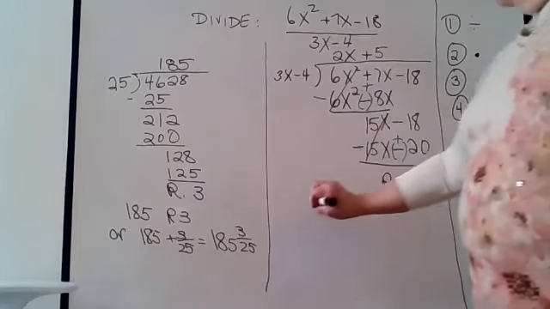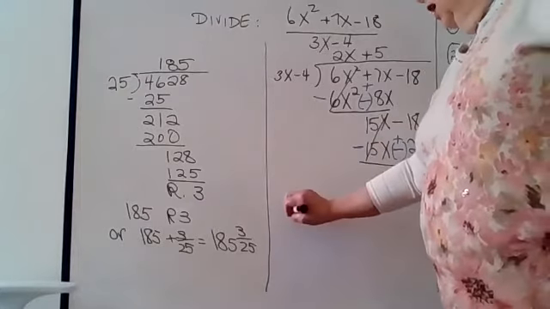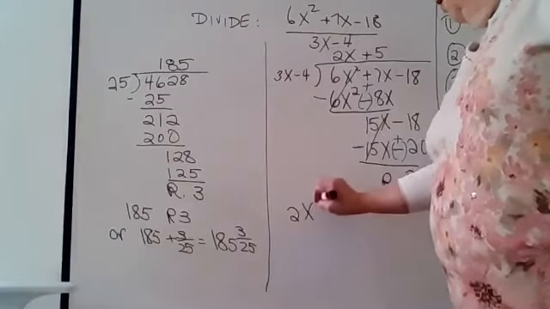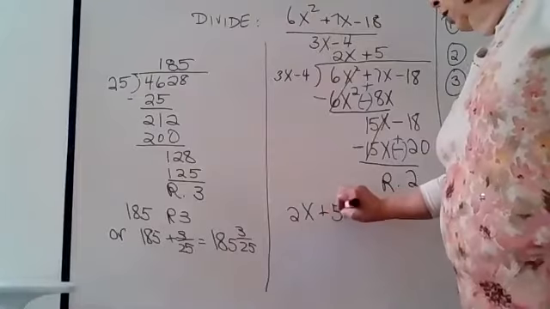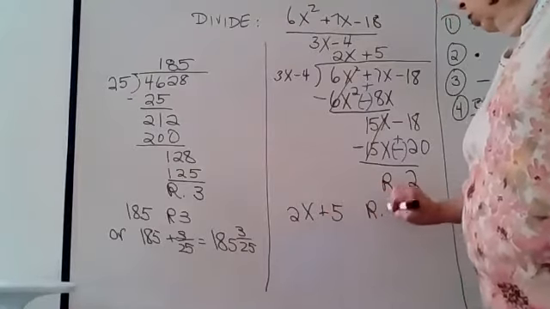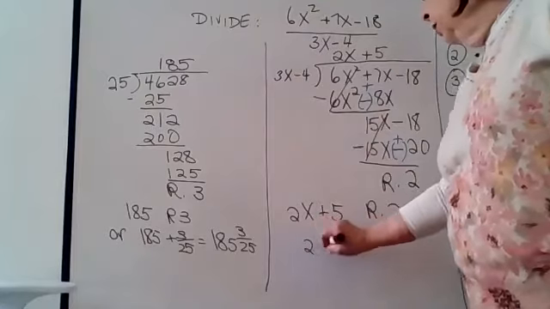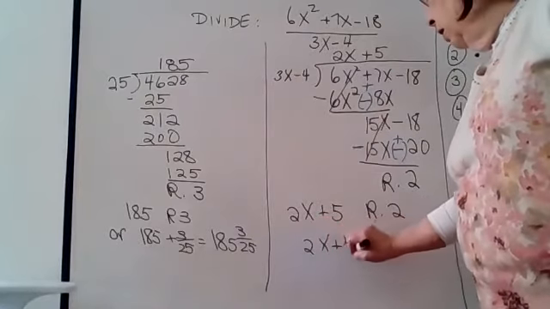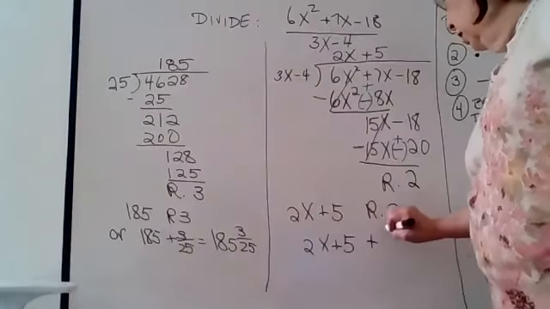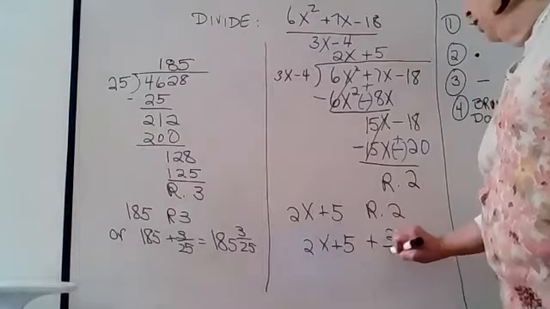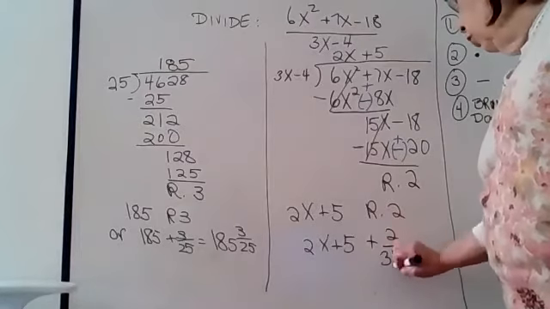And I can either write my answer as 2x plus 5 remainder 2, or more likely 2x plus 5 plus the 2 over the 3x minus 4.